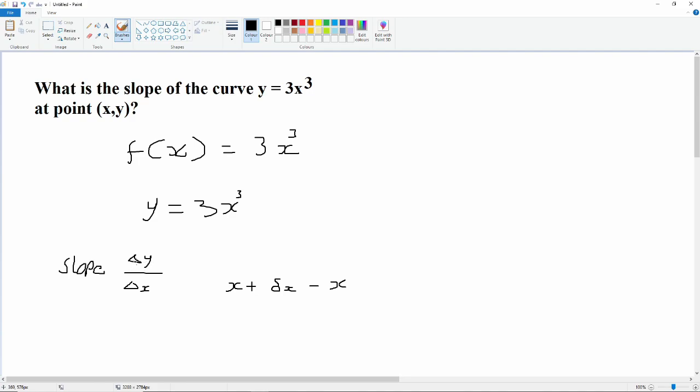And our change in y is y plus a little tiny itty little bit of y, and then that's going to be minus y. So that's what we're looking at. Well, that's not going to be easy to process, so let's express y in terms of x.